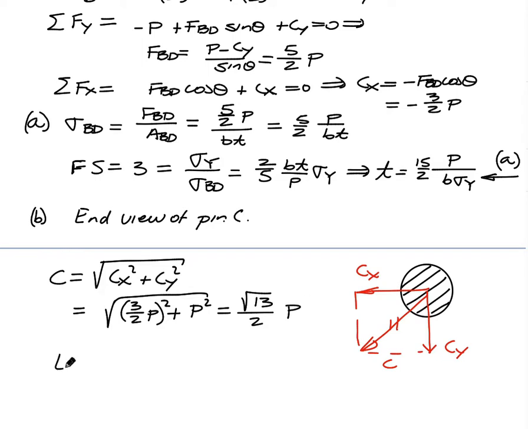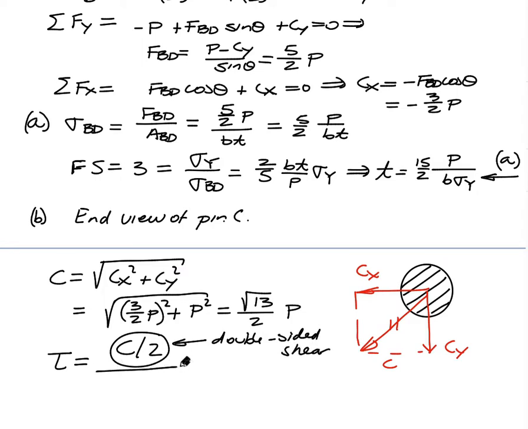Now the actual shear stress is going to be half of that shear force, because this is a double sided shear. So we take that shear force on one face, divide by the area of the cross section, and that's pi d over 2 squared.